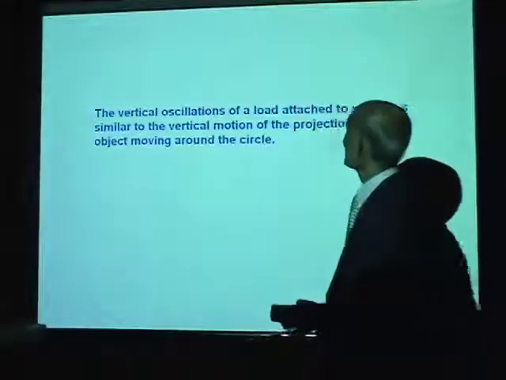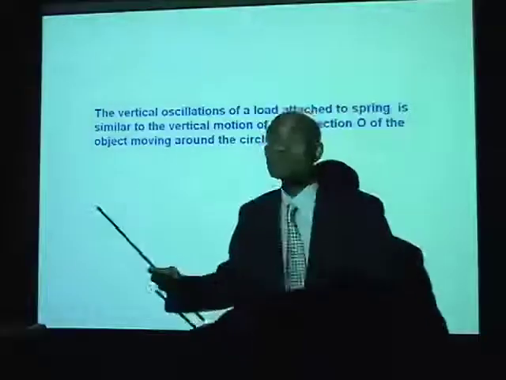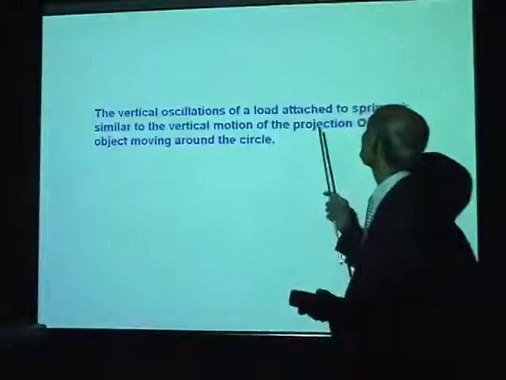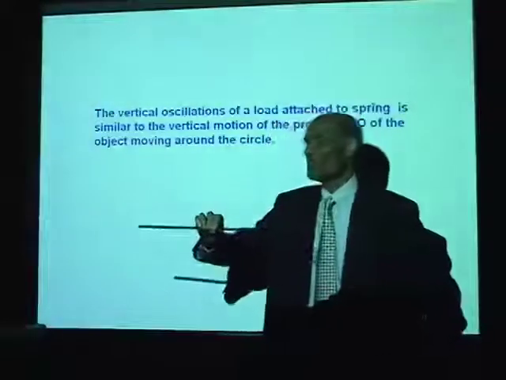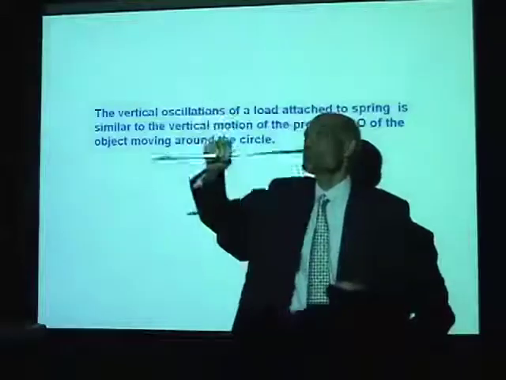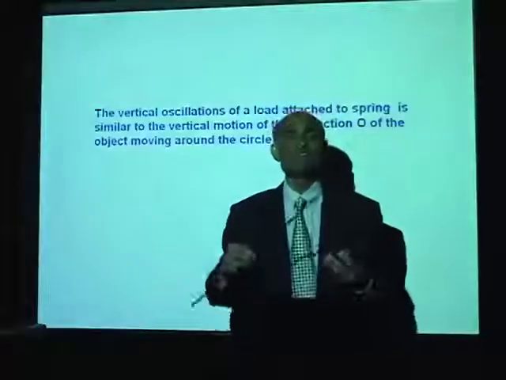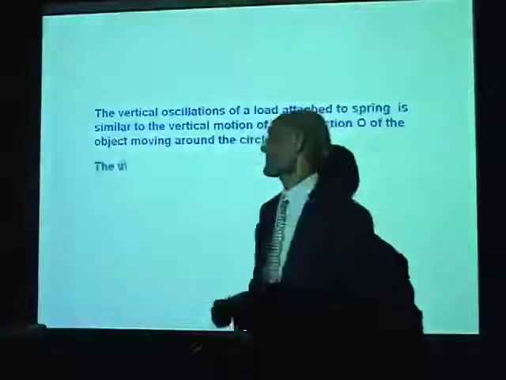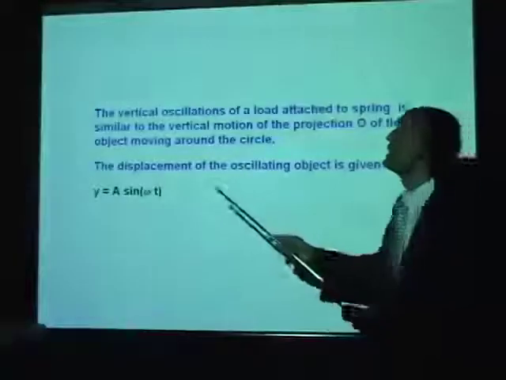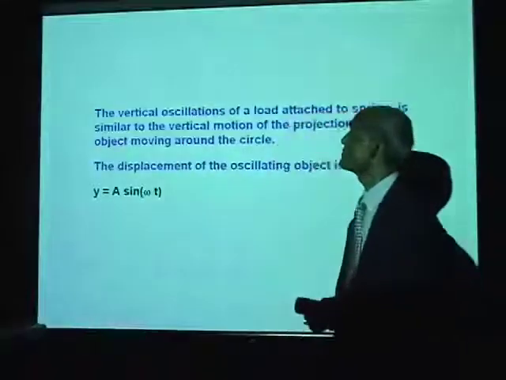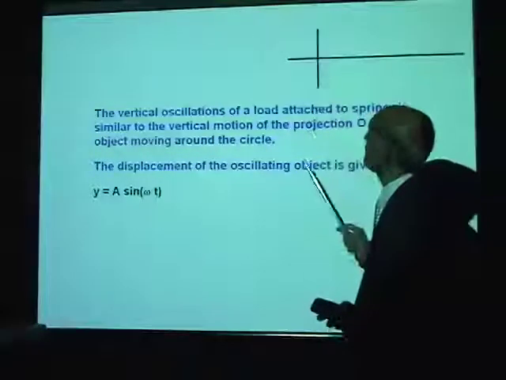The vertical oscillations of a load attached to a spring is actually similar to the vertical motion of the projection of O. In other words, the projection O moves up and down in a way exactly similar to the motion of the loaded spring. And the displacement of the oscillation is given by y equal to a sine omega t. Let's draw a graph of that.